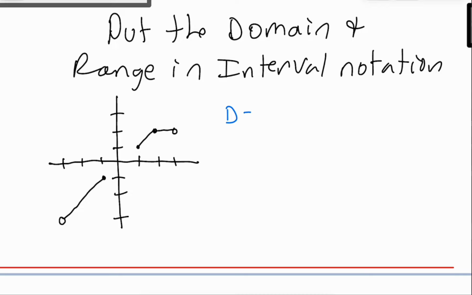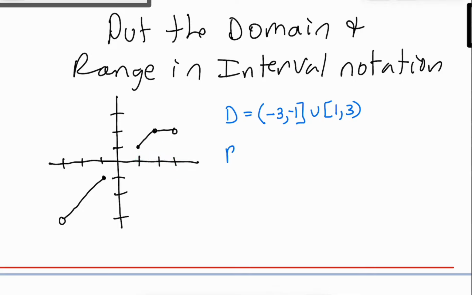So our domain, we had an open at negative 3, closed at negative 1. Then we jump to a new section that starts at 1 with a closed and ends at 3 with an open. Okay, let me say that again. Negative 3 to negative 1, open, closed, everything in between. Closed at 1, open at 3.